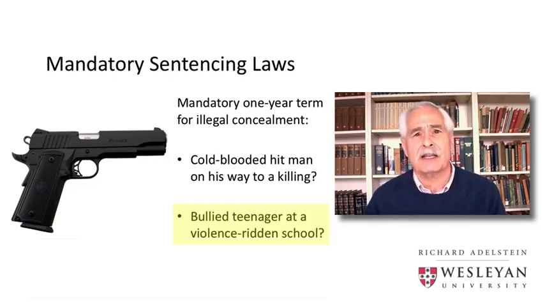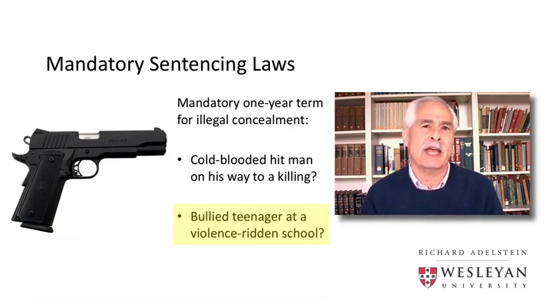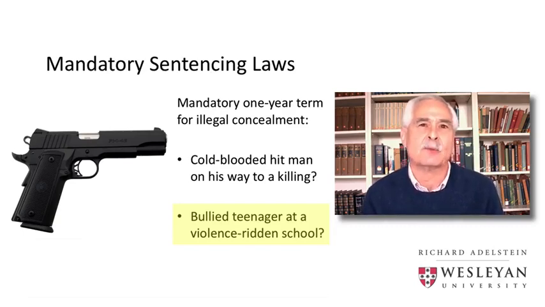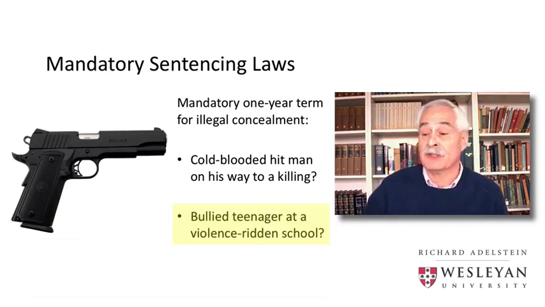Even though by assigning that single penalty, the danger arises that many, many individual cases will be resolved with erroneous liability prices, because the mandatory term has prevented the sentencing authority, the judge or the jury, from considering all the circumstances of the case, considering the identities of the offender and of the victims, and then fixing a sentence which they believe appropriately measures the actual moral costs imposed by this crime.